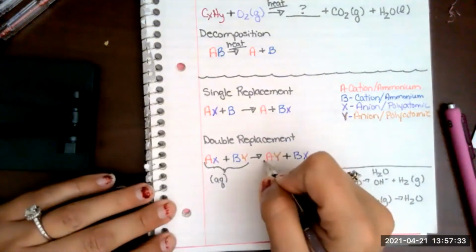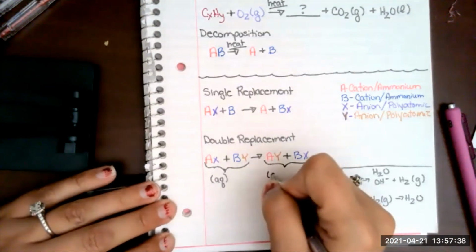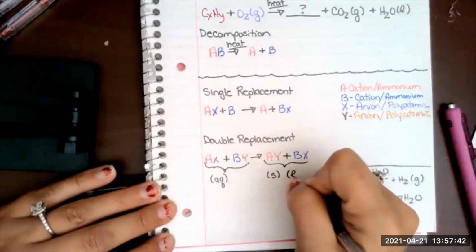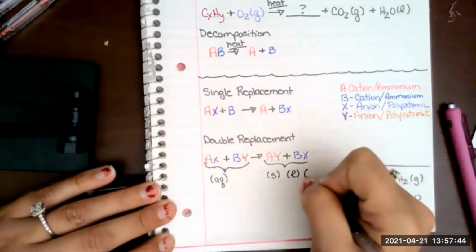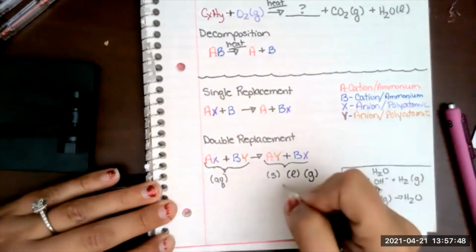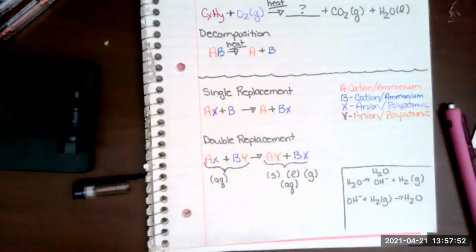If we're looking at the product side, it's going to be a solid for one or both, a liquid for one or both, or a gas for one or both. If it is not one of these, it's going to remain aqueous, and both may be aqueous if no reaction actually takes place.